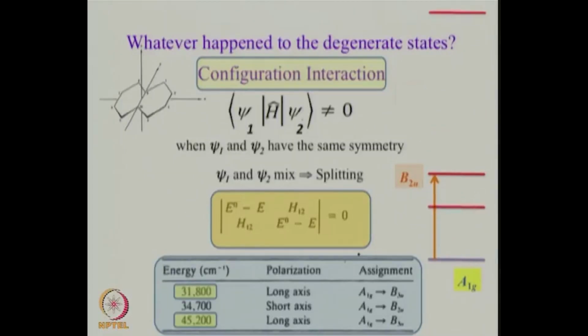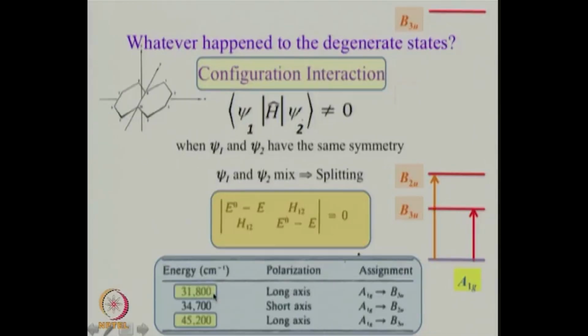So, we might as well say that this 34,700 centimeter inverse is 1.236 beta minus minus 1.236 beta, and that gives me an experimentally determined value of beta. There was a question, how do you determine beta? I do not know how to determine it theoretically. There is a way, I do not know so much, but what we have arrived at is how we can determine a value of beta experimentally.